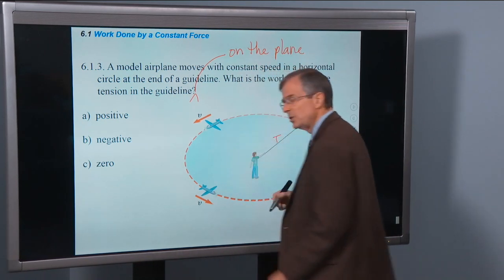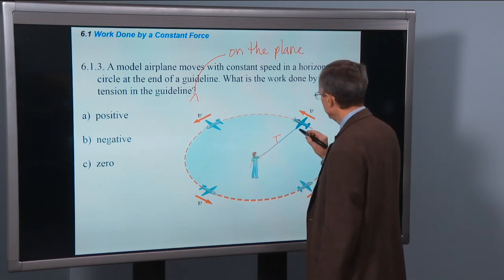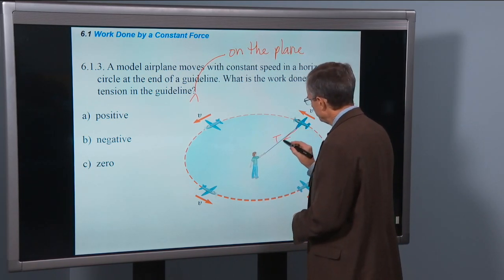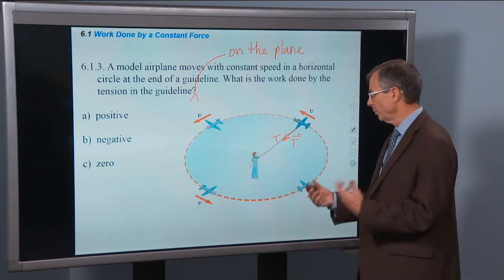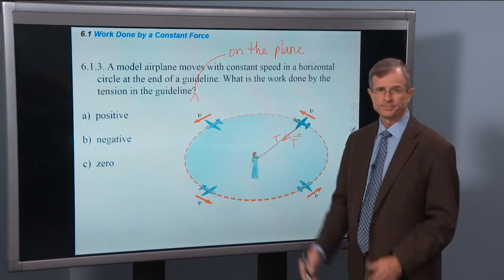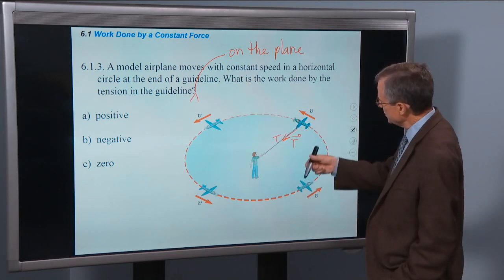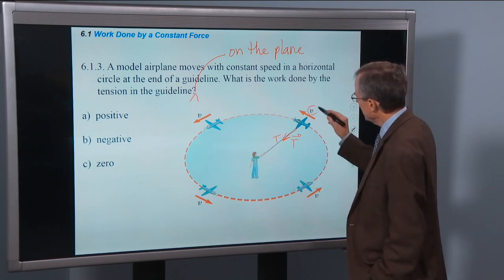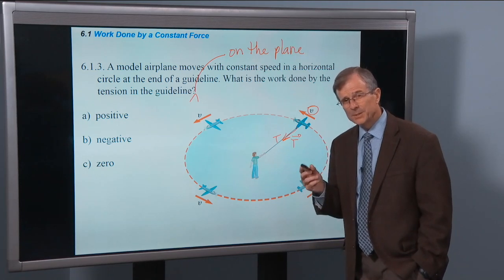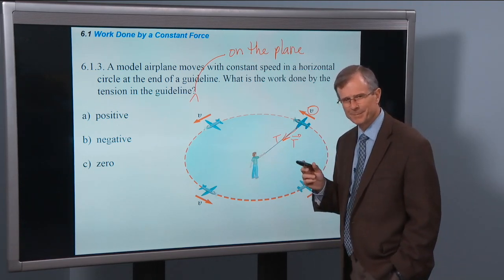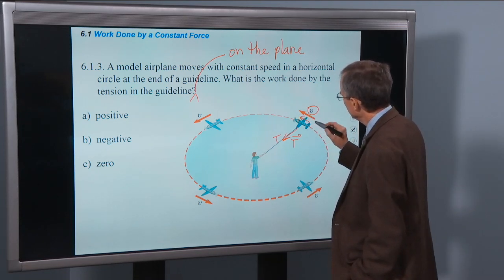So I might ask you, what's the direction of the tension force acting on the plane? Well, it's pulling the plane toward the center of the circle. If it were not so, that plane would just take off and leave the circle forever. So the tension's acting in this direction. The velocity, which is parallel to the displacement at any given time, so it's making little displacements.